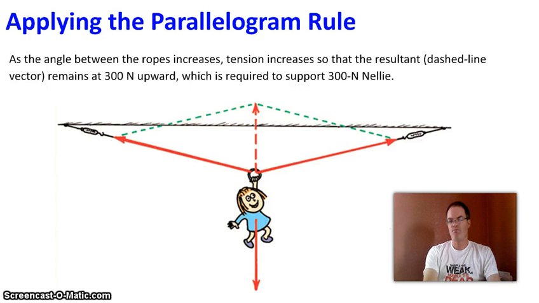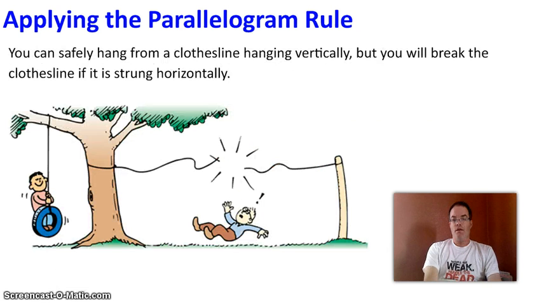This one's more obvious. You can see here clearly the length of this vector is even longer than the 300 newtons that come from her weight. Alright, that's a constant. But what isn't a constant and what changes as the distance of the ropes increase from one another is this vector here, that length of it.